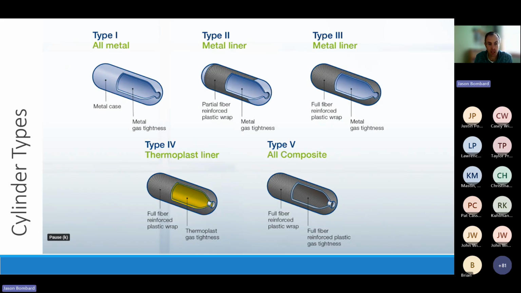Type 3 has a metal liner, but it's fully wrapped in carbon. Type 4 has a plastic liner, but it's again fully wrapped. And then Type 5 are all composite. I don't believe there's too many Type 5 cylinders out in the world right now. I think that's where a lot of R&D is being done. But I did not get into Type 5s in this presentation.